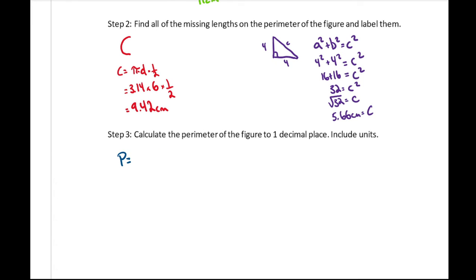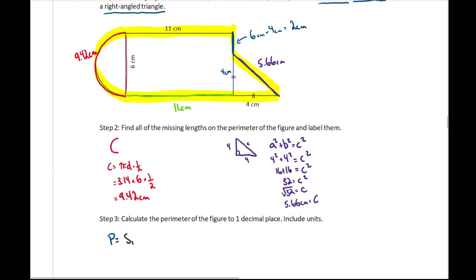Actually, let's color code this so we know what we're dealing with. So side 1 is the one that we're given. So in black, the 11 there, plus side 2 in red, plus side 3 in green, plus side 4 given to us in black, plus side 5, the diagonal in purple, and finally plus side 6, which is that little blue part that we figured out.